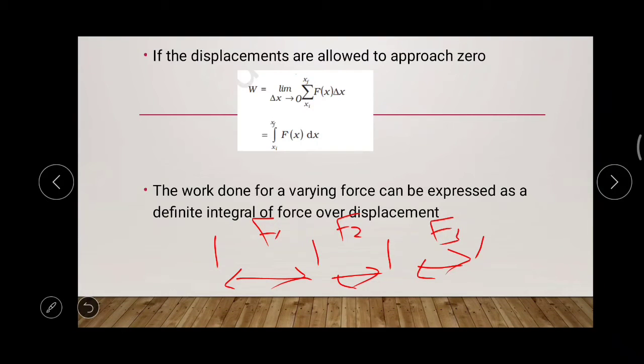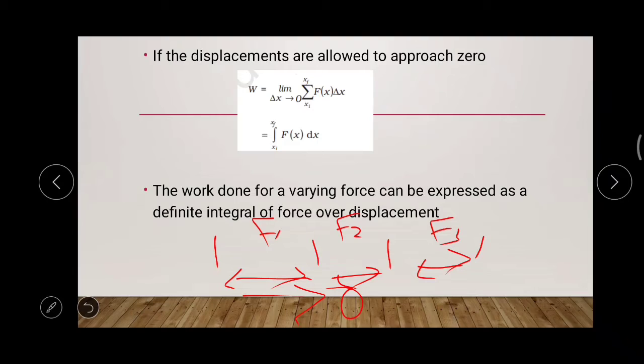Suppose the distance between these points becomes almost 0, very negligible. There we cannot use the discrete function, we will be using the continuous distribution.